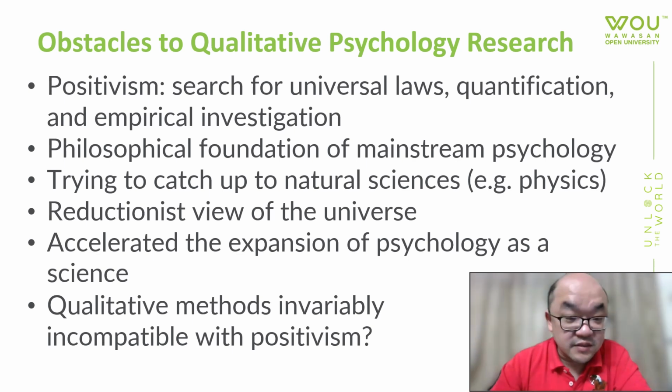It is the main philosophical foundation of mainstream psychology even until today. Again, despite all the claims that it's a paradigm shift, positivism is still the more popular and main foundation. This was an attempt by psychologists around the 1890s to catch up to natural sciences like physics and biology by taking on the same philosophical view.